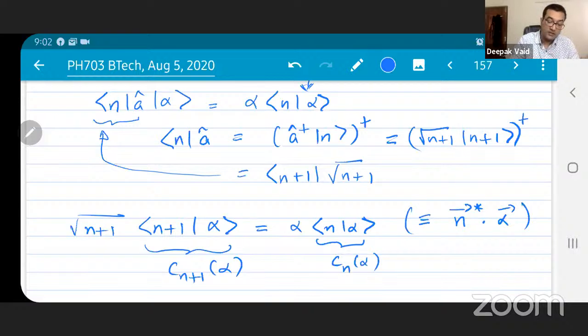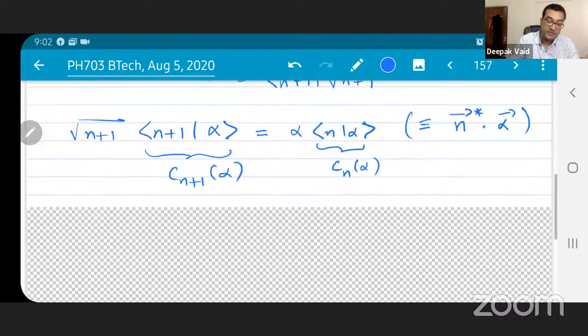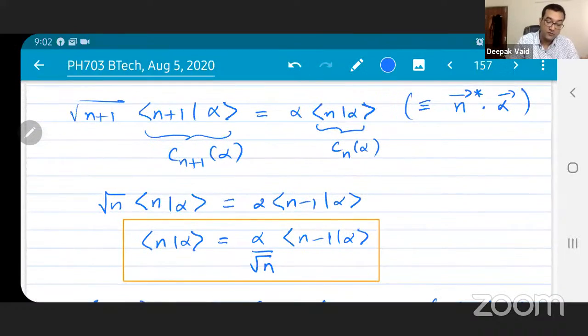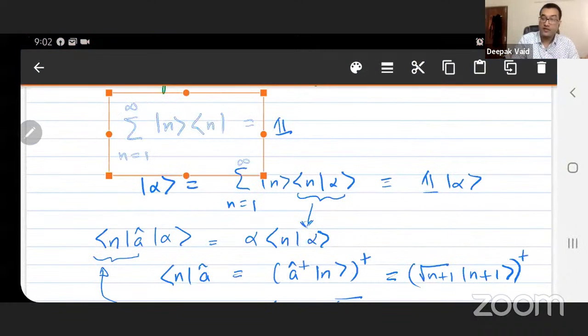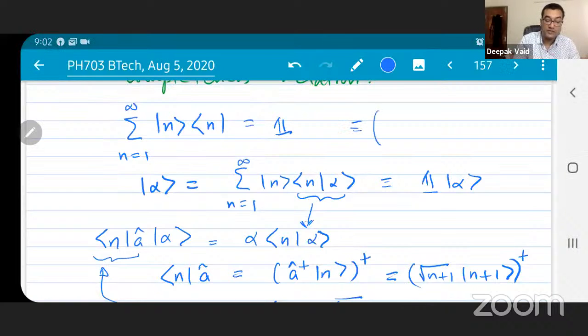But rather than writing expressions of this form, this is more suitable. Why? Because, for instance, if I write down this inner product, how would it be written in that case? You would have n, something, times n transpose complex conjugate, sum over n, is equal to the identity.